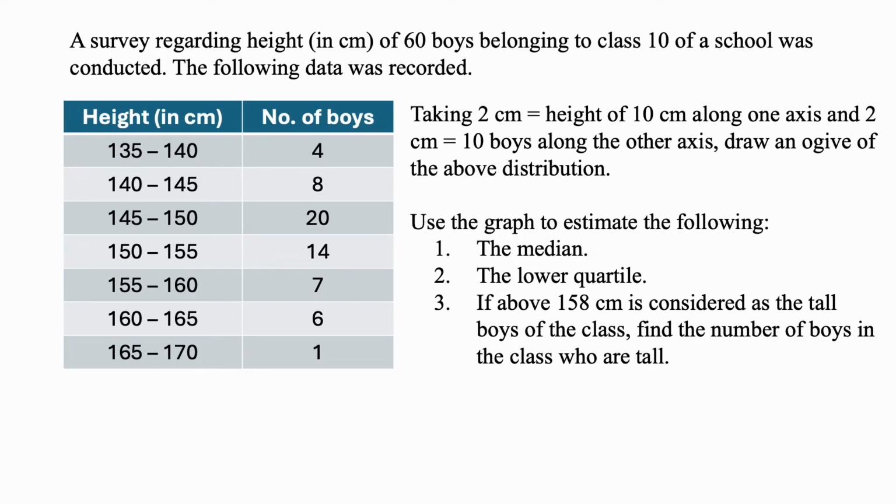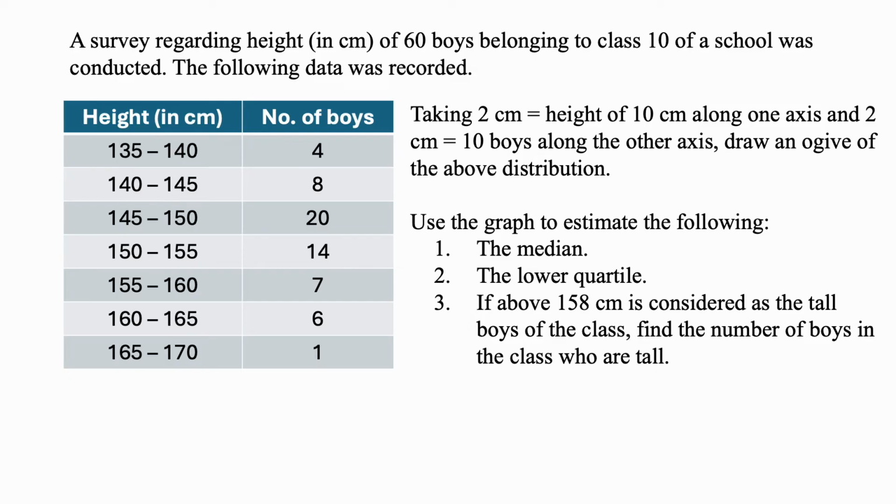The data is grouped data. Taking 2 centimeter equals to height of 10 centimeter on one axis and 2 centimeter equals to 10 boys along the other axis, draw an ogive for the distribution.